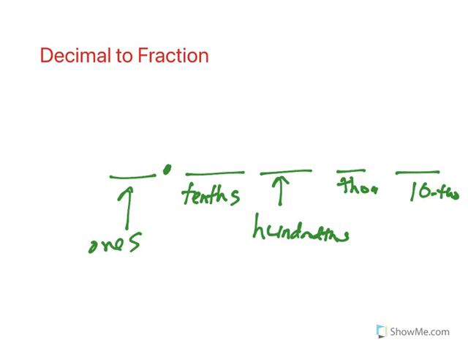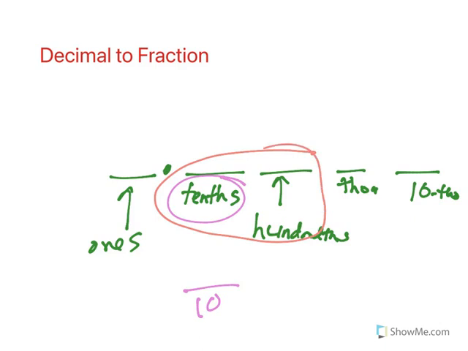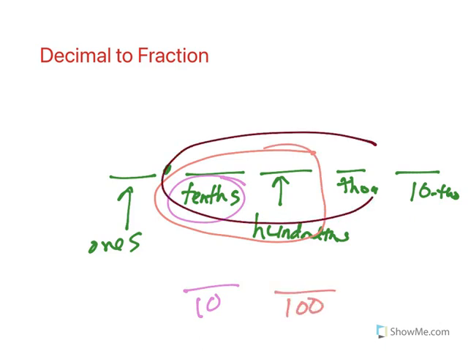So what this means is if I have a number here in the tenths, I would put it over 10. If I have two numbers that take up these two spots, I would put it over 100. If I have three numbers, I would put it over 1,000. And then we would reduce the fraction from there.